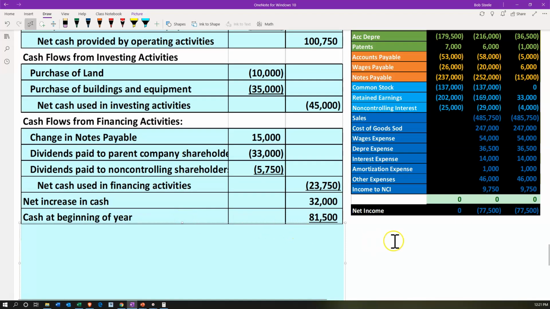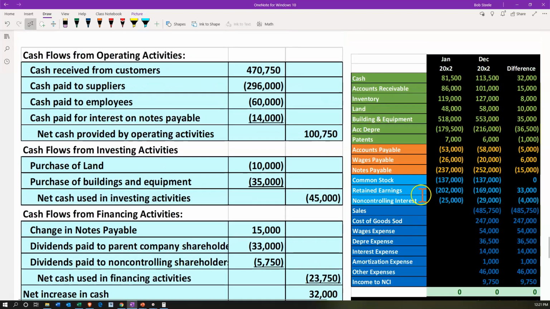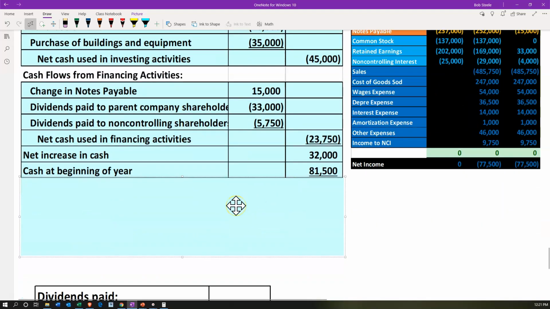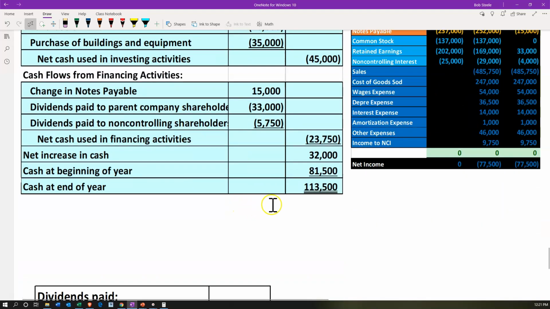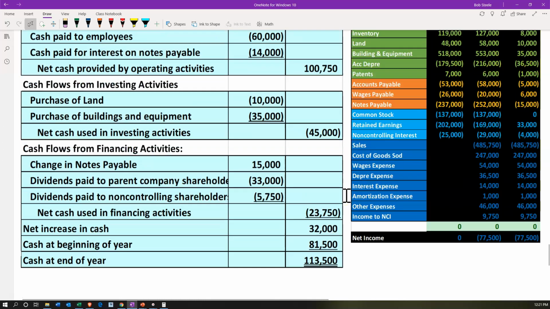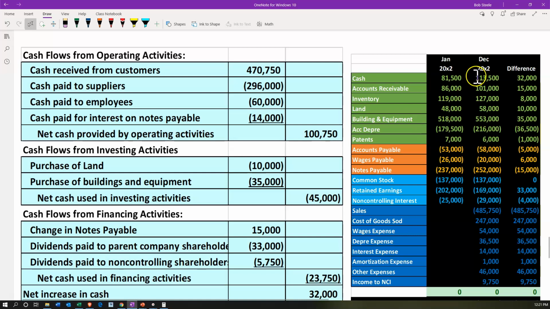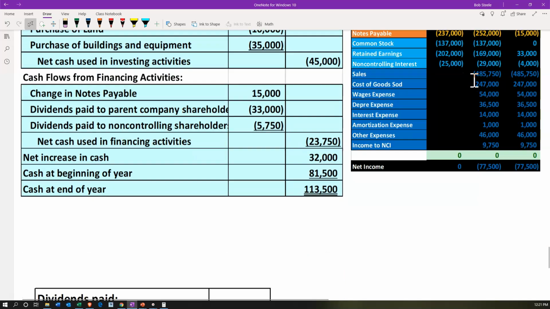Then we pick up the beginning balance, the 81,500, and that takes us to the cash at year end, the 113,500. That then should match the balance sheet and our trial balance for the current year end.